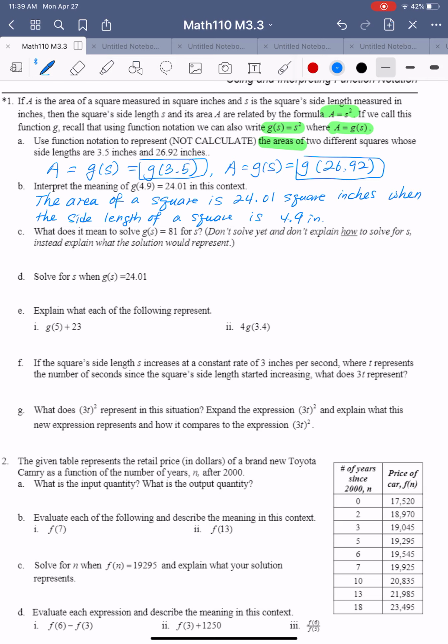So what does it mean to solve g of s equals 81 for s? Don't solve yet, and don't explain how to solve for s. Instead, explain what the solution would represent.